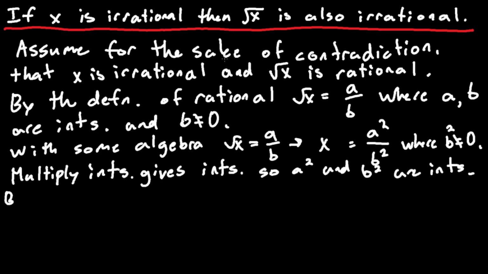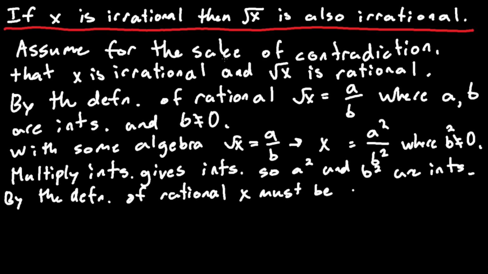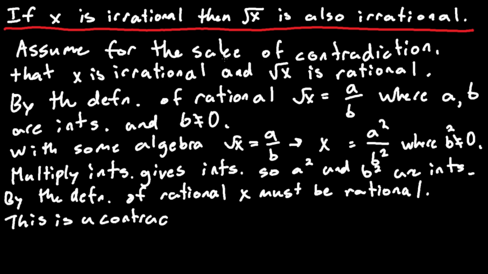So we can write down by the definition of rational, x must be rational. This is a contradiction. Contradiction.